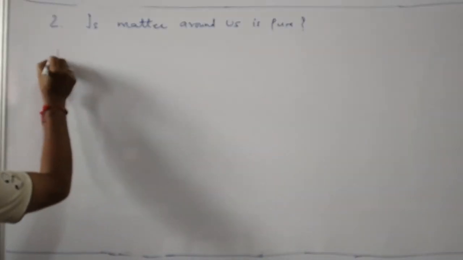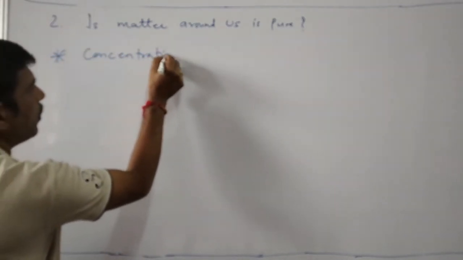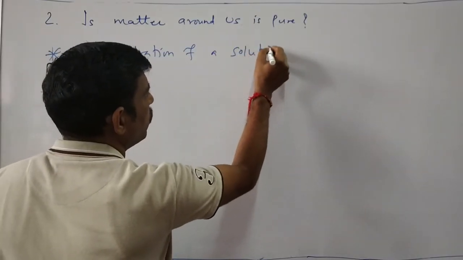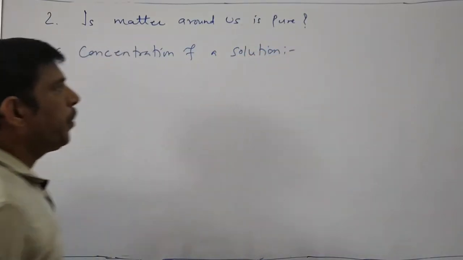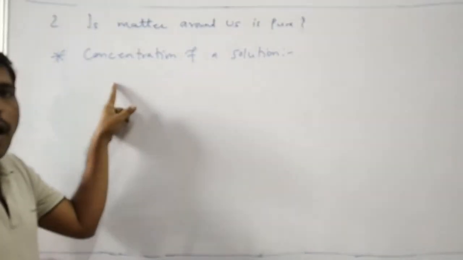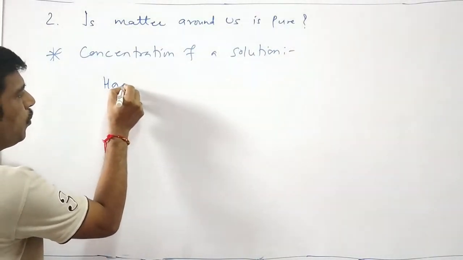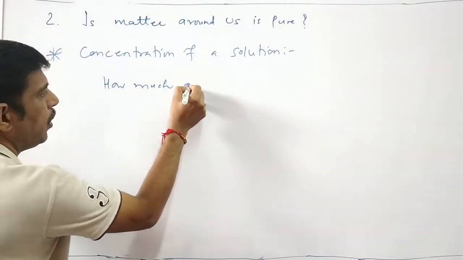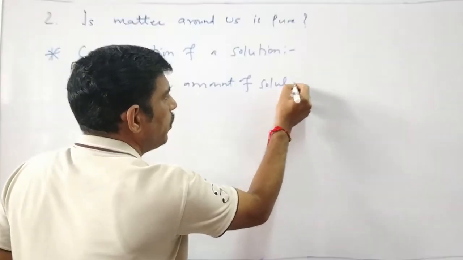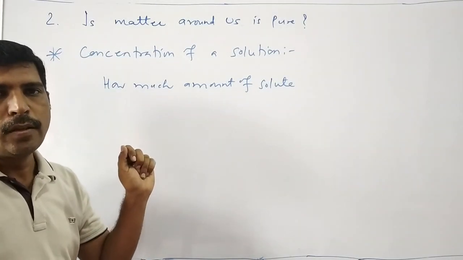Then the next point, that is concentration. Concentration of a solution. So what do you mean by concentration of a solution? Concentration of solution is related to how much amount of solute present in your solvent.